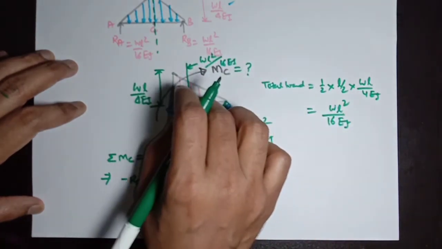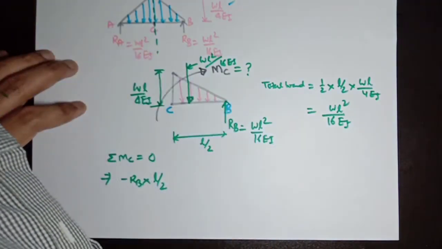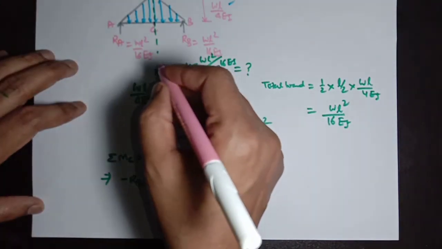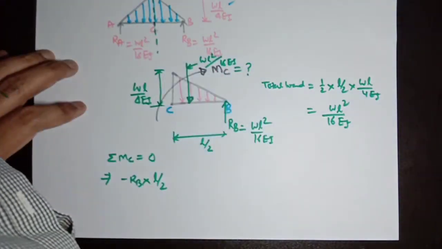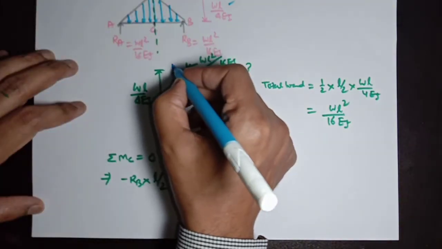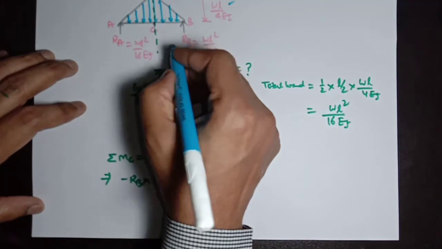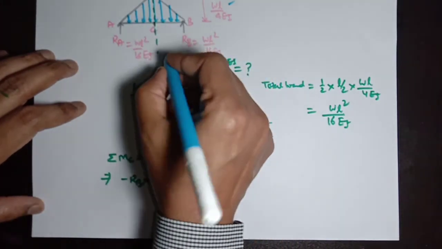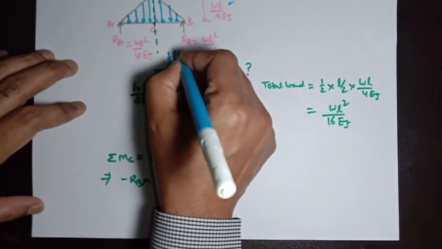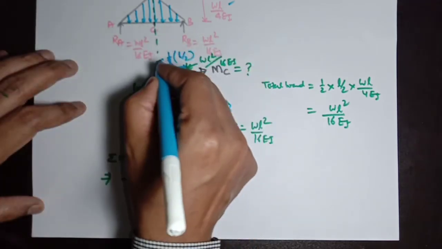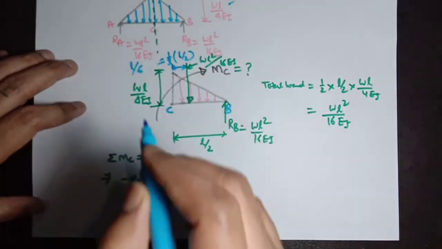This is the total load which is acting at a distance from C of 1/3 of this L by 2. You can take it L by 6.